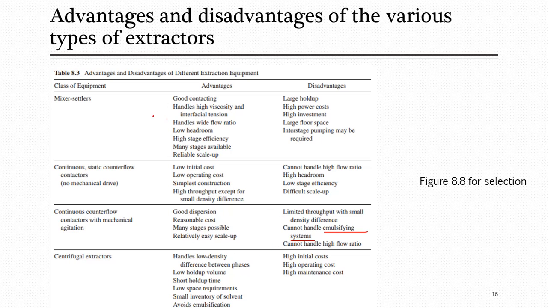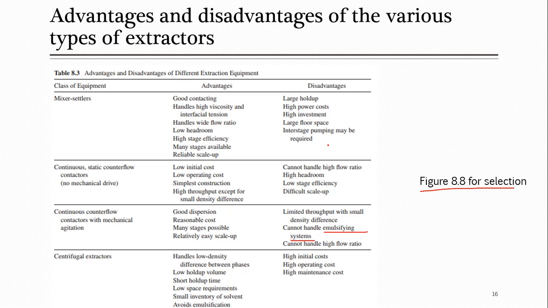Overall, based on all this discussion, the advantages and disadvantages of various equipment, and the last slide which we have seen about the various designs and capacities available, there is one figure in your book, figure 8.8, and that is about selection of the equipment. Suppose you are in industry and you have to select one equipment. How will you select it?